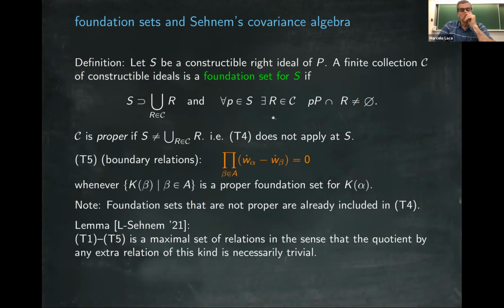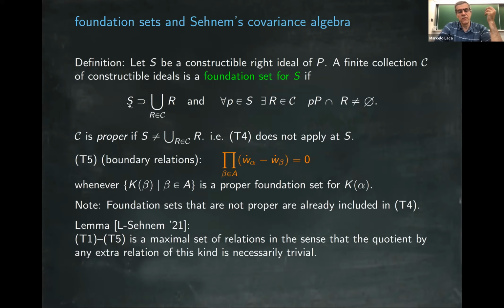So let me go through just a definition here of what foundation sets are. It's a finite collection of constructible right ideals. The union is contained in a right ideal S, but we also require that if you take something in S, there's an ideal in R whose cone intersects some R. So it may be that the union is not all of S, but everything that is in S and not in the union has something bigger that is in the union.